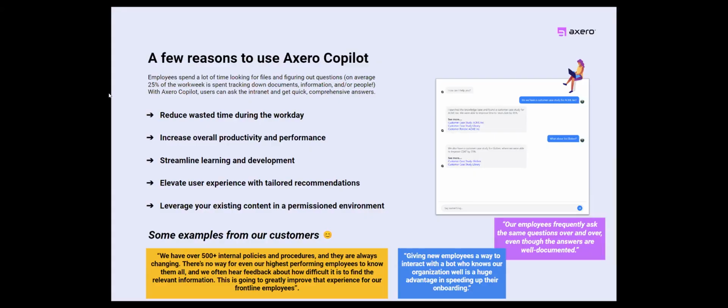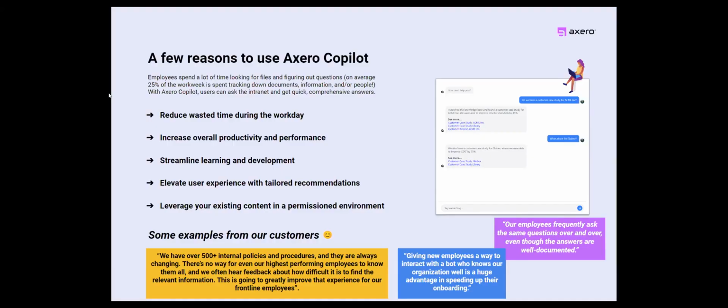And then another customer mentioned, we get the same questions over and over and over again, and it's well documented. The answers would be easy to find if they search for them, or at least they could find the answers if they search for them, maybe not so easy. Nevertheless, they're still calling HR, finance, legal, or IT to ask the same questions over and over again.